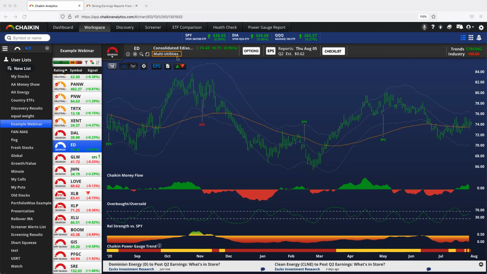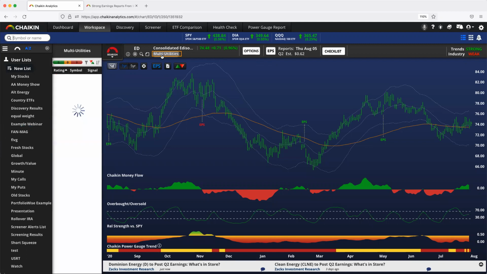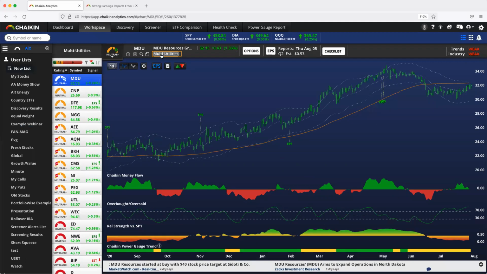How is that calculated? Well, we could click multi-utilities right now. This would be one way to show us. How have we determined here at Chaikin Analytics that multi-utilities is a weak industry group? It comes from the power bar right here at the top of your list. We look at the number of bullish rated stocks and the number of bearish rated stocks inside that industry group.